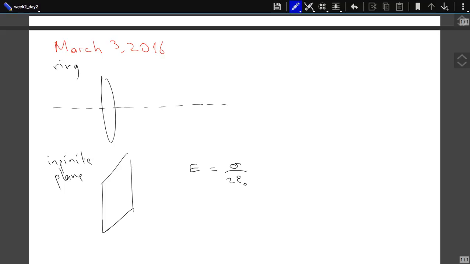This is the electric field at that point. So at every point, wherever you put this test charge, it will feel some force, and hence there is an electric field at every point.